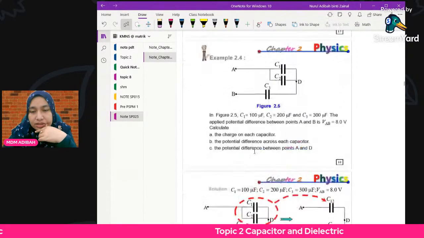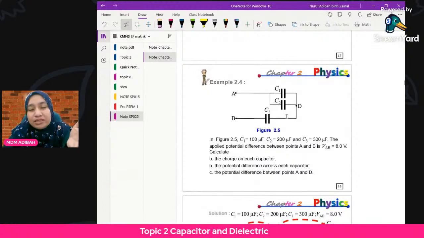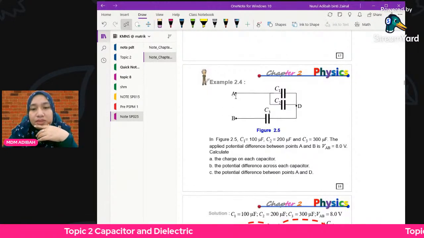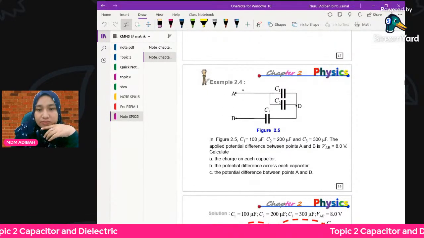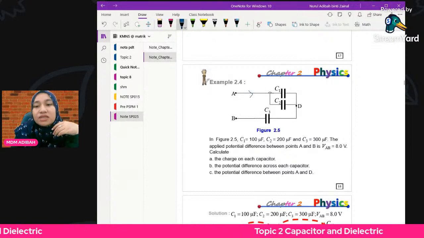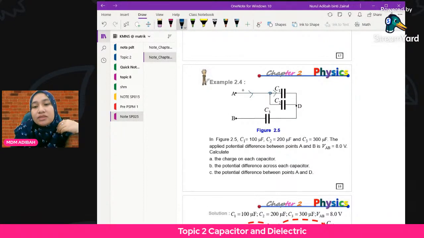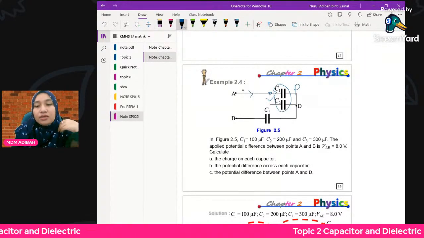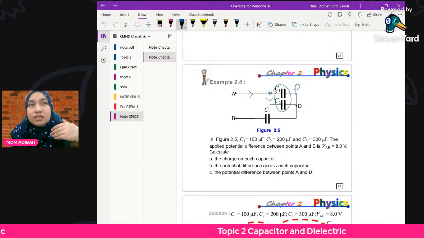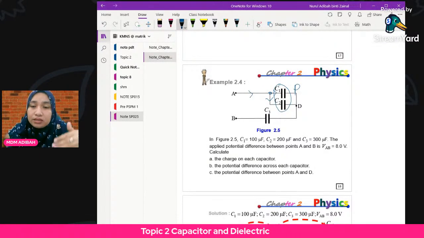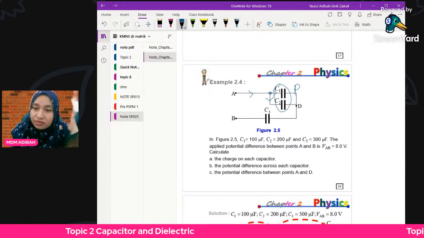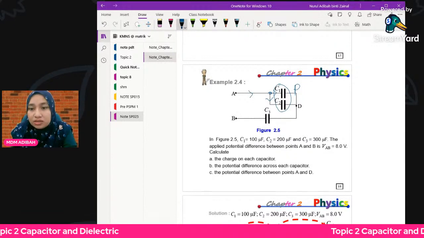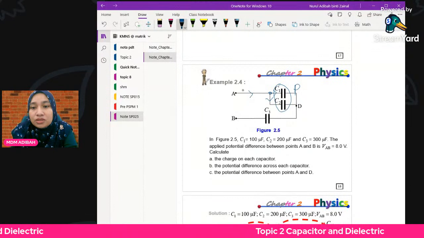Okay, next kita tengok sini sekali lalu. Ini simple lah. So let's say daripada A ke B, current keluar daripada A. Dia jumpa junction, dia pecah kepada C1 dan C2. So C1 dan C2 akan jadi parallel. Okay, now dah combine, awak boleh redraw balik ataupun awak view dalam otak aja, congak aja. So now parallel ini dah jadi C12.